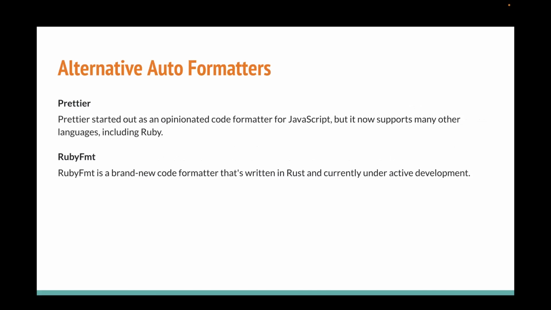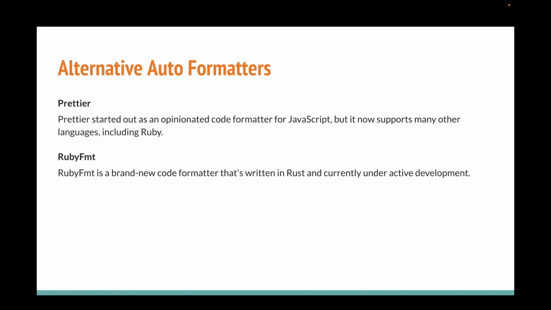So apart from Rubocop, though it is a great tool, sometimes it might not fulfill your requirements. So there are also other auto formatters like Prettier or Ruby FMT. Prettier was previously only a code formatter for JavaScript, but now it supports many other languages, including Ruby.